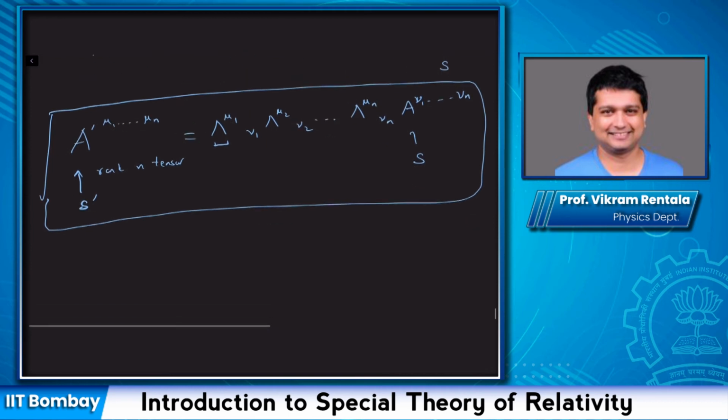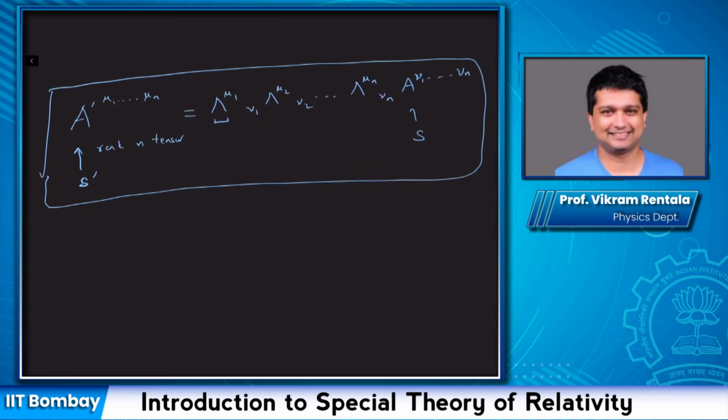So in the special case where the object A has no indices, this object will be the same in the frame S prime.